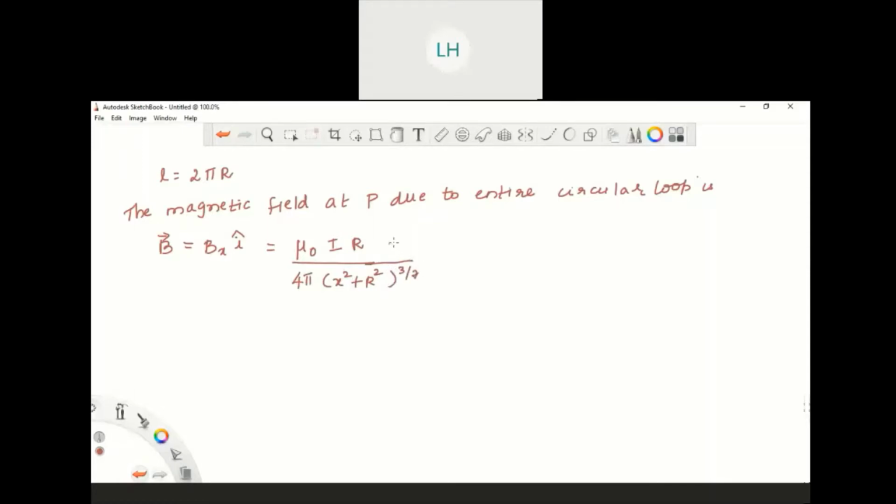Then instead of L alone, we are going to write 2 pi r, along the x-axis, so i cap here.